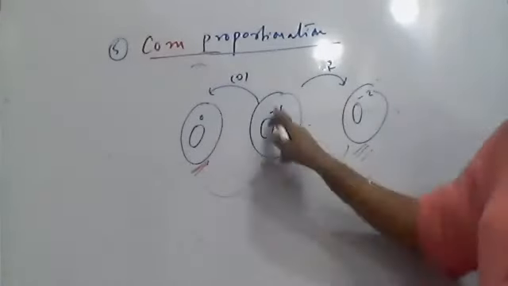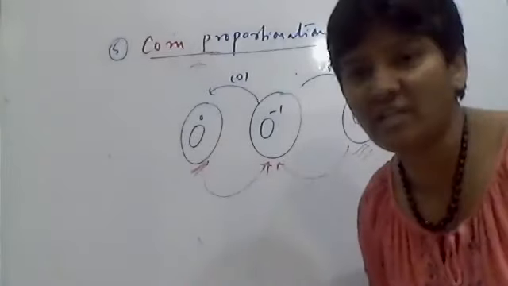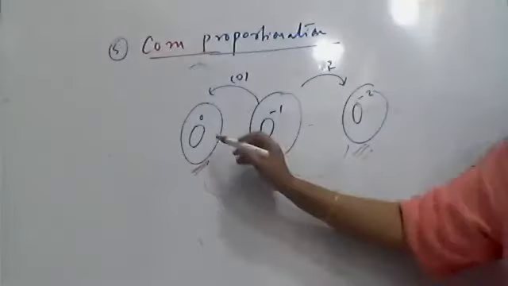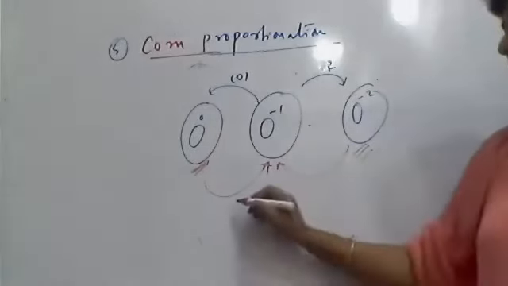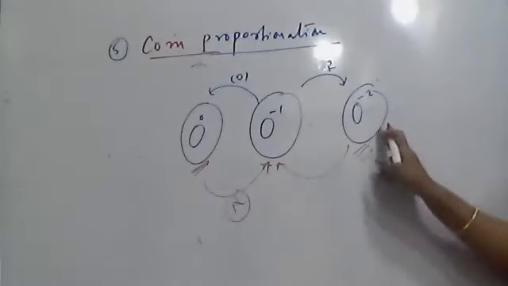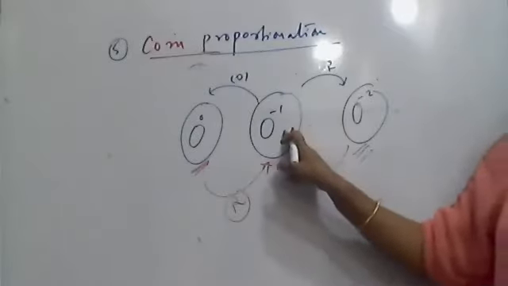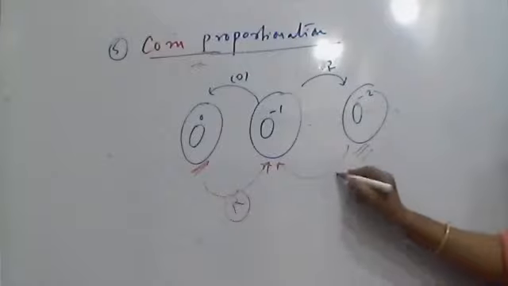So 0 to -1: is the charge increased or decreased, beta? O0 to O-1: decreased. Decreased means it is reduced. And -2 to -1: charge increased. It is called oxidation.